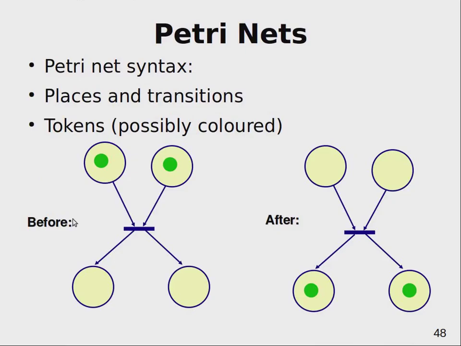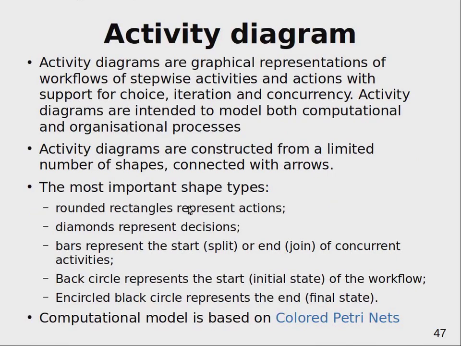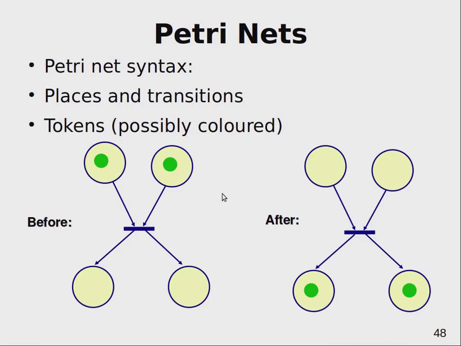But for this description of distributed systems and their behavior, they introduced activity diagrams, where the theory is not based on finite state automata, but on these colored Petri nets. So you have a network of nodes connected with directed edges, and then you have tokens with unique color, and these tokens of unique color flow through these edges like they flow through a river.